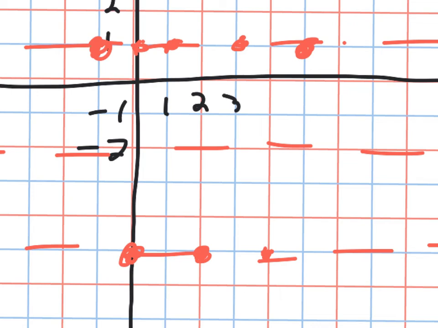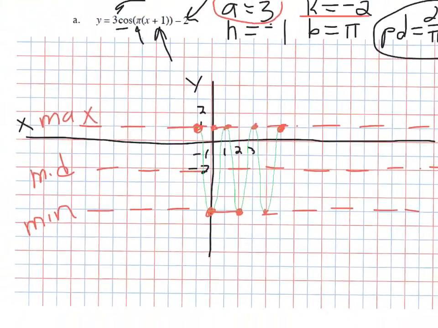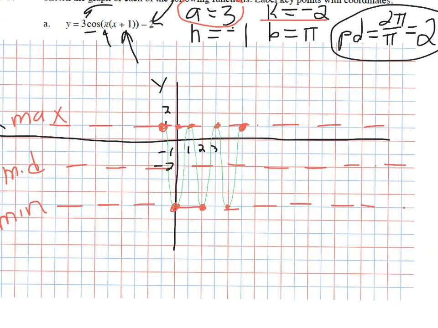I'm going to go with green to connect these. And now zoom out. And there's our 3 cycles of our graph.